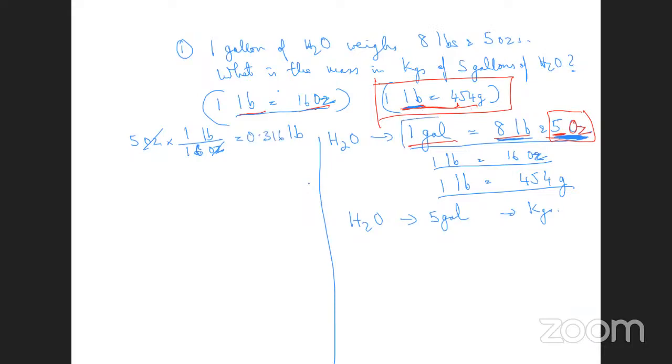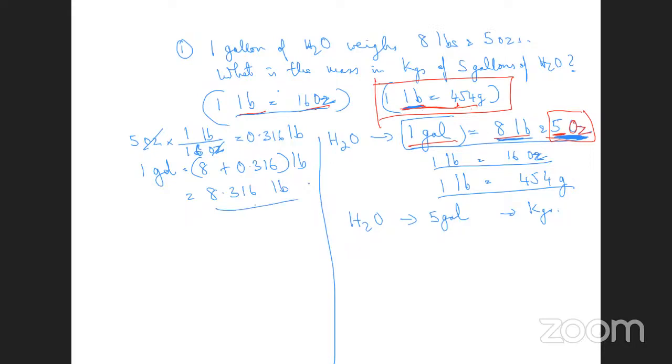So now this 1 gallon, we can say 1 gallon is 8 plus 0.316, so 8.316 pounds. Now we don't have to worry about having 2 different units, although they are US customary.